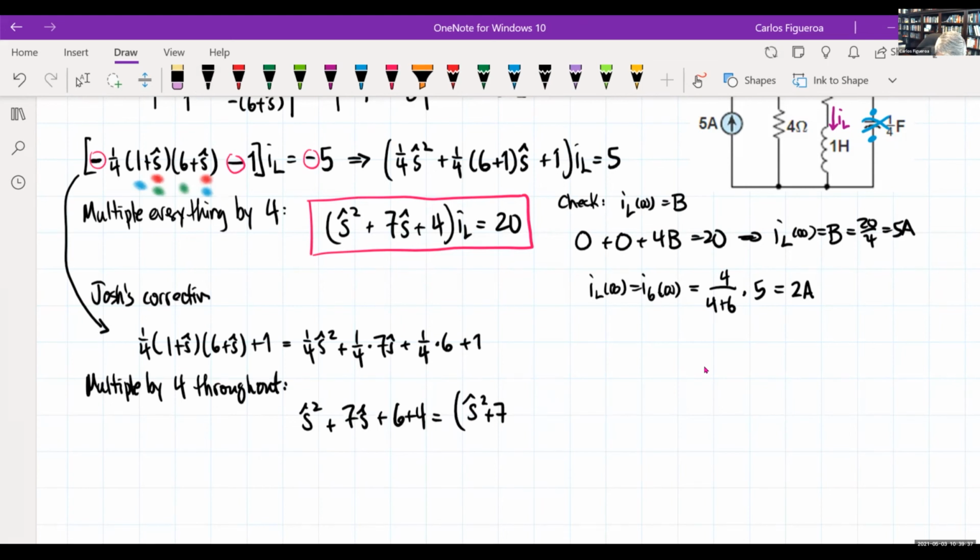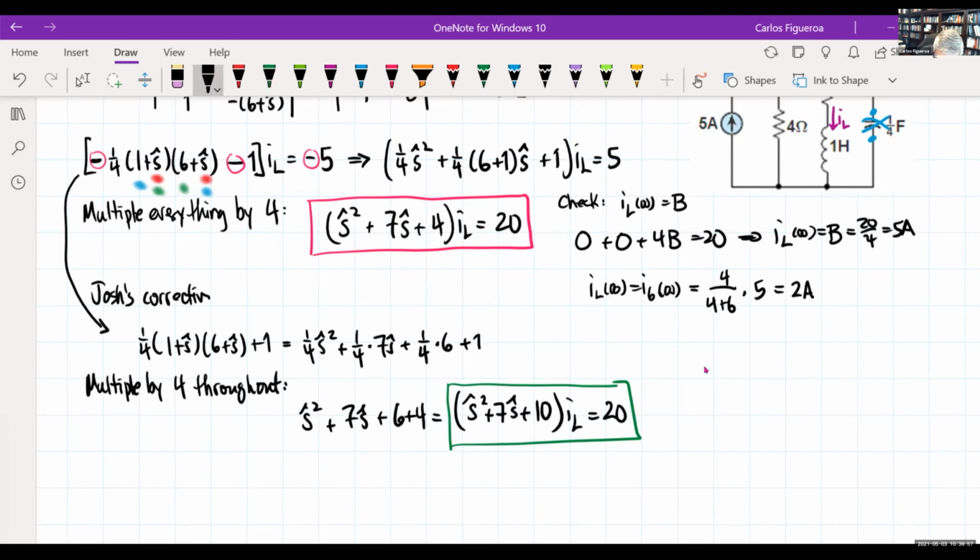Oops, I forgot to put the s. And then I get IL, which will be equal to 20. So there's an algebra mistake that Josh picked up on.